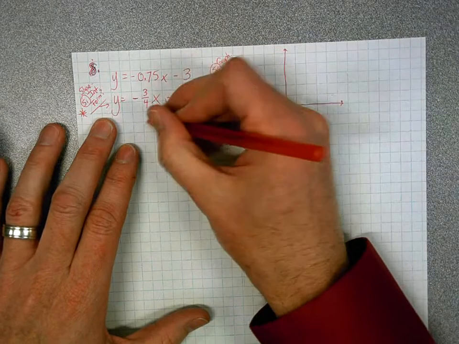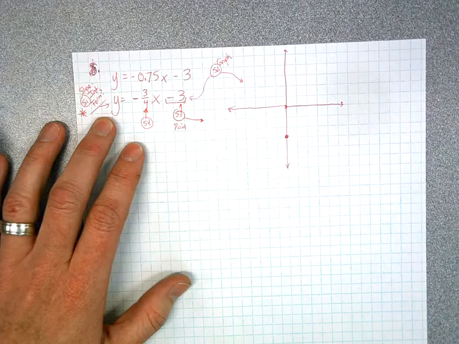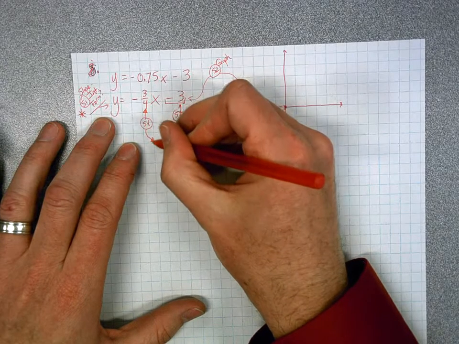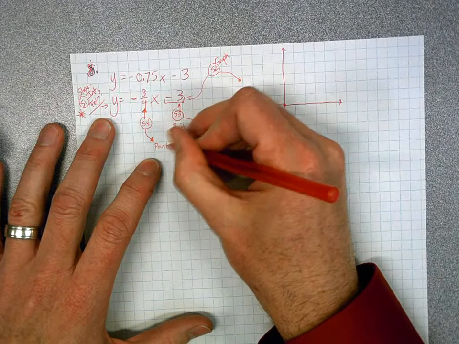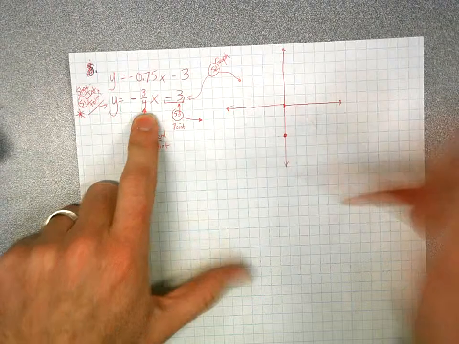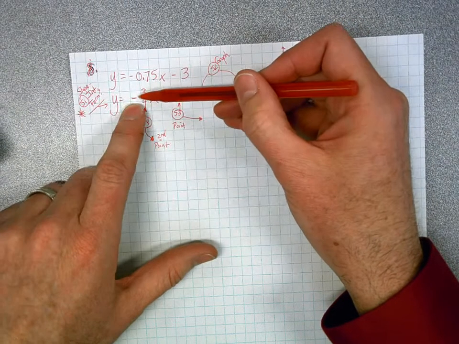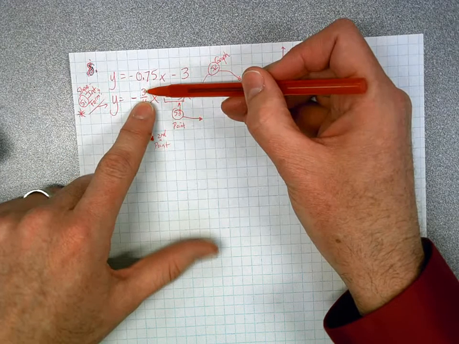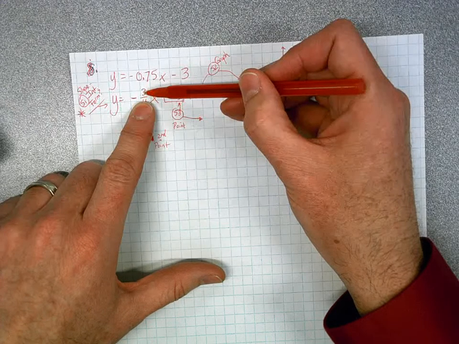Now comes step 4. We are going to follow our slope and place a second point. This is a -3/4 slope. Now remember, that means it's going to rise -3, which really means go down 3, run 4.